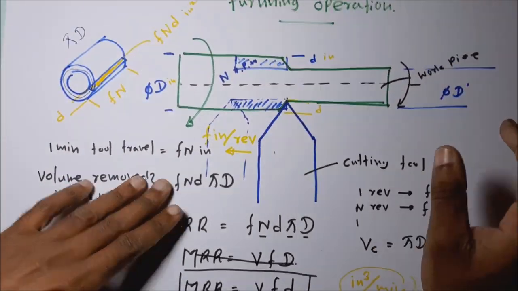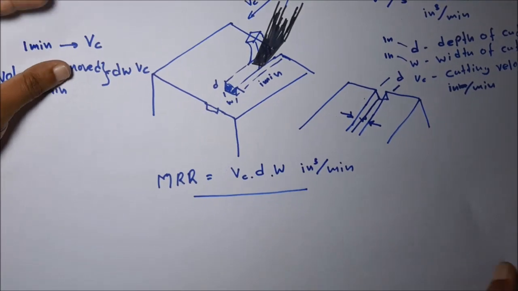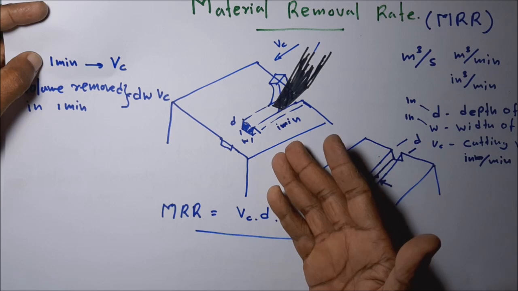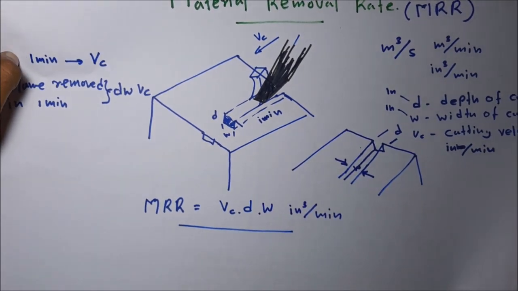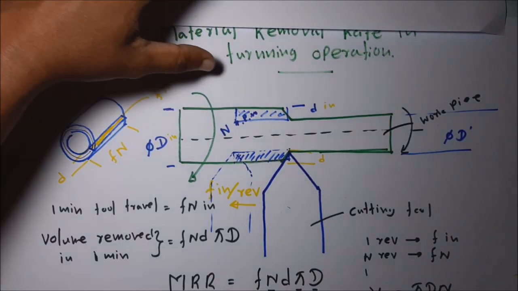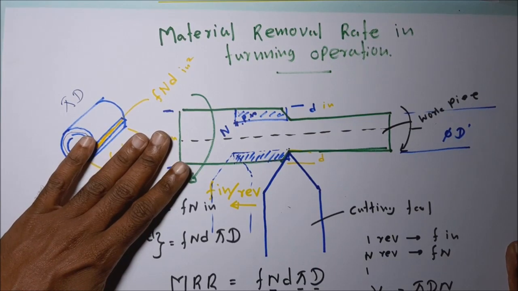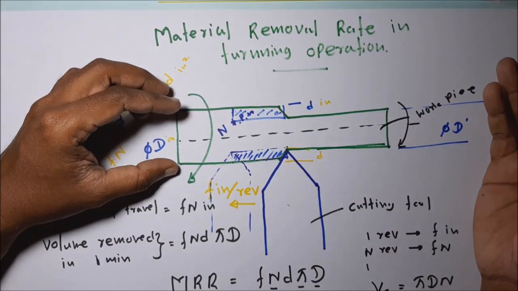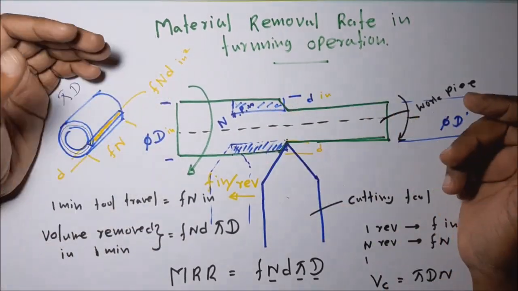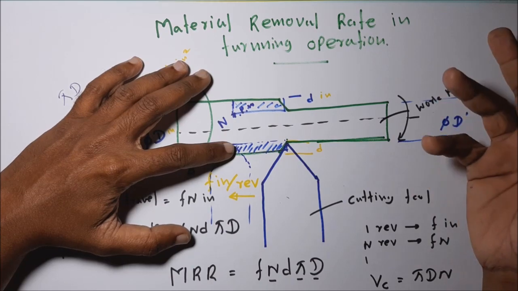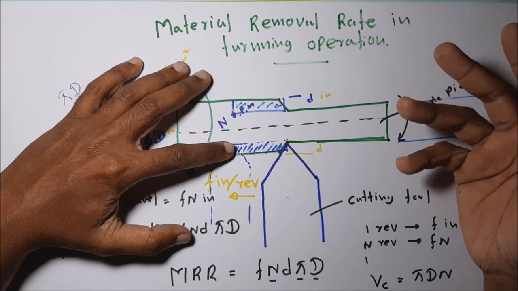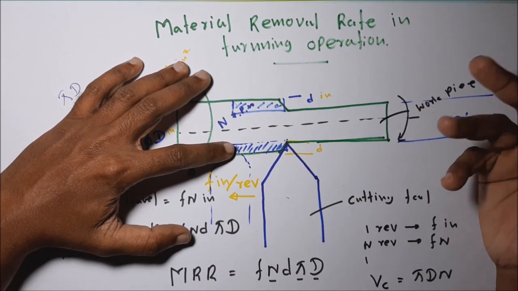Generally we are calculating in this way. According to the application, you should be able to find the material removal rate in a machining operation. Knowing this material removal rate is very important. For example, let's assume in our machine shop we are producing this kind of workpiece. We want to manufacture 10,000 items, and we want to estimate the manufacturing cost for this part.